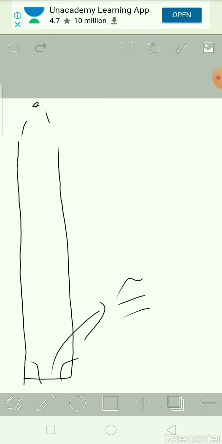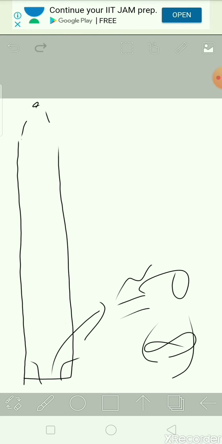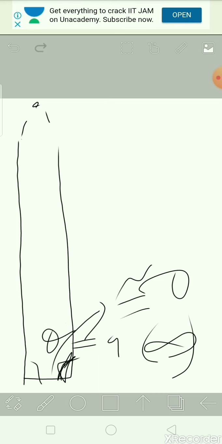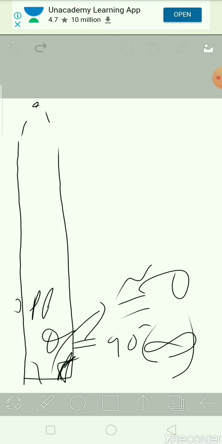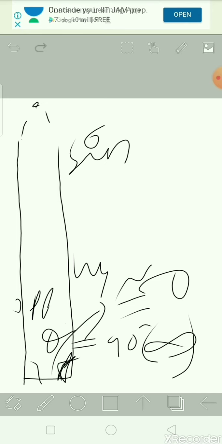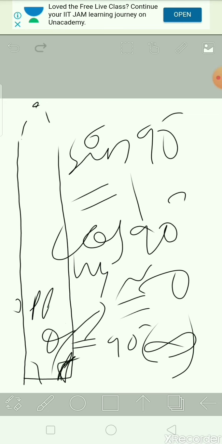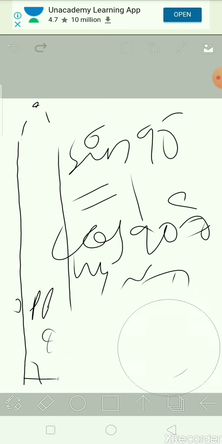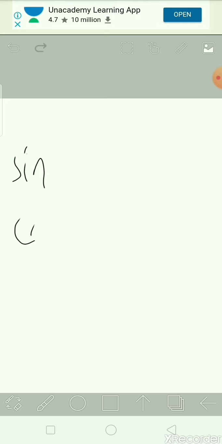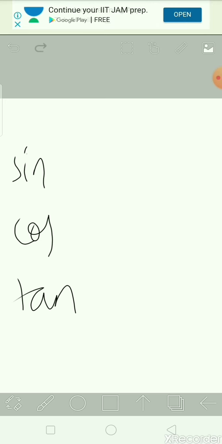So here what we get is sine of 90 degrees equals 1, cos of 90 is 0, and tan of 90 is 1 by 0, that is not defined or infinite. So here I draw a table of values of trigonometric functions with angles 0 degrees, 45 degrees and 90 degrees.